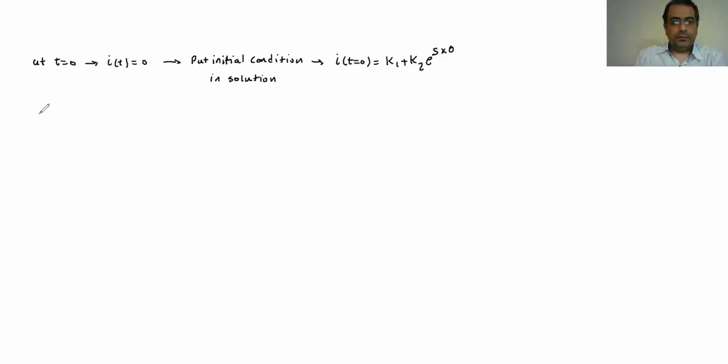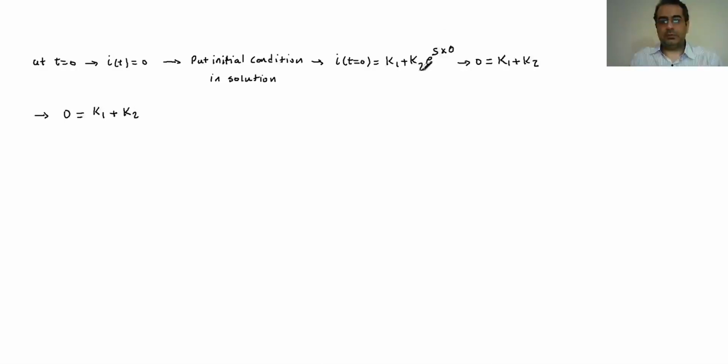So therefore, I know at t equals 0, I is 0. So it's going to be 0 is equal to K1 plus K2, and e to the power of 0 is going to be 1. So I at t equals 0 is 0, which is K1 plus K2.